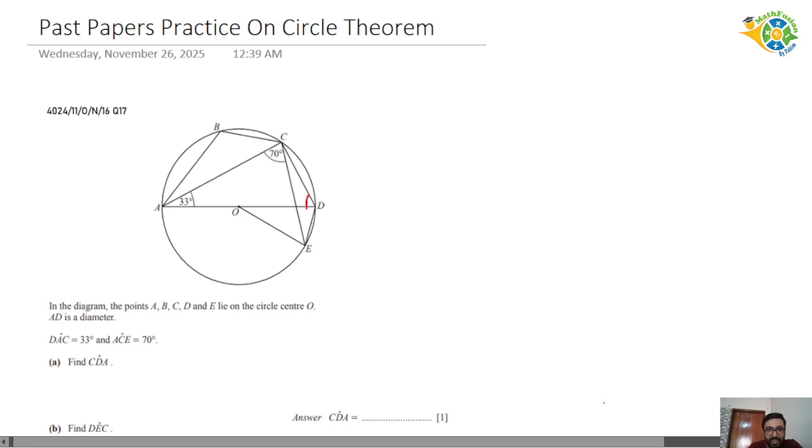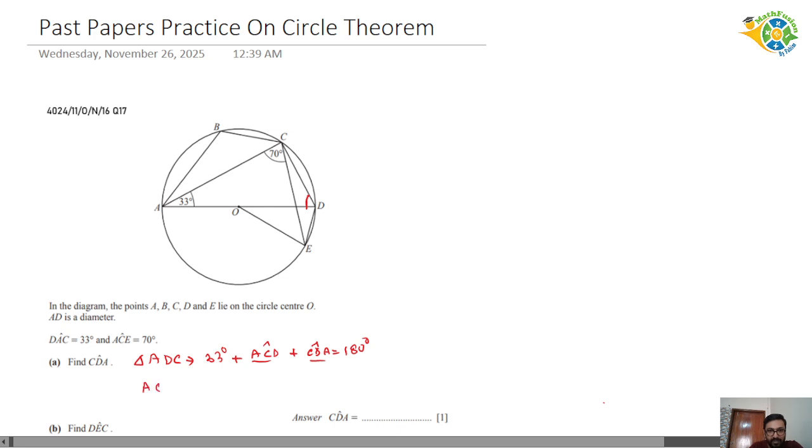So to find CDA, we need to consider the triangle ADC. So in the triangle ADC, the angle 33 degrees plus ACD plus angle CDA equals 180 degrees. So we need to find this angle ACD. So we know the angle at a semicircle is 90 degrees or a right angle.